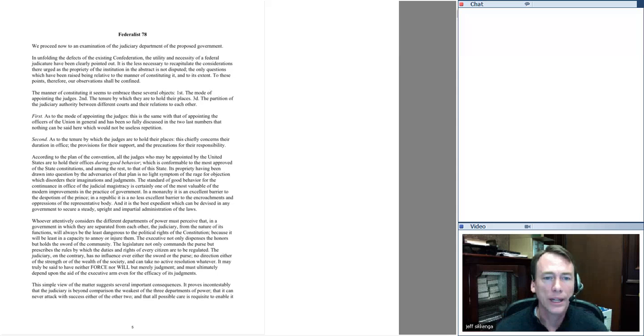And he has the very famous part where he talks about, as you know from your reading, look, the court does not have the sword like the executive. The court does not have the purse like the Congress. And therefore, it doesn't have force, and it doesn't have will. All it has, as he very famously says, is judgment.